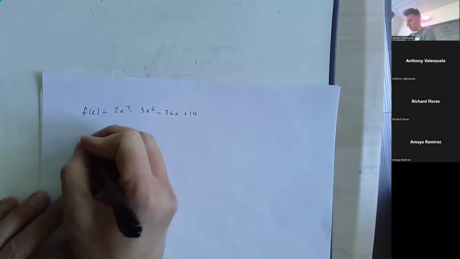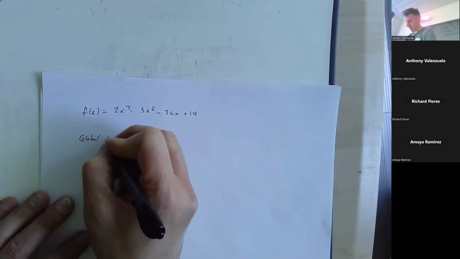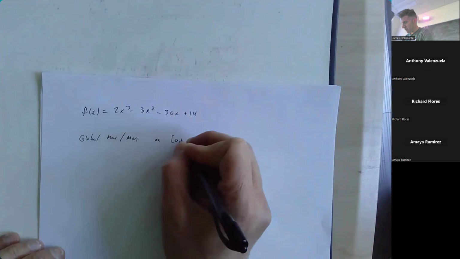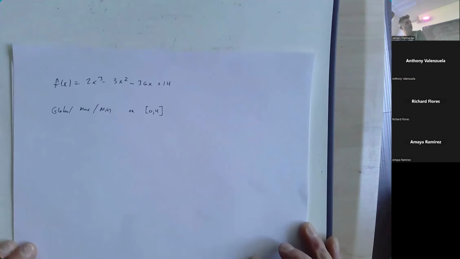And we had to find first the global max and min on the interval from, I think, 1 to 4, also 0 to 4. So we'll do that first, and then we'll ask the second part. Okay, cool. So this is a good practice.